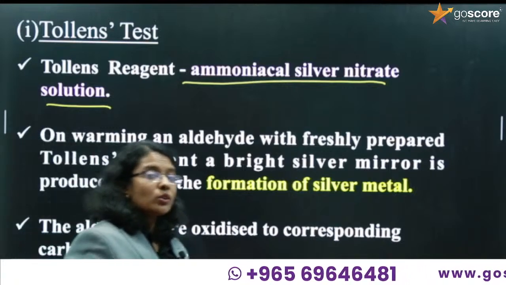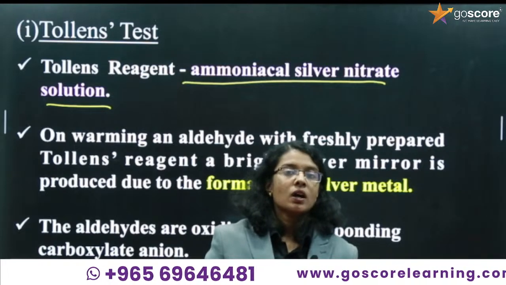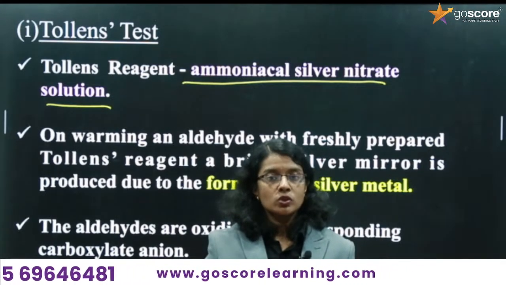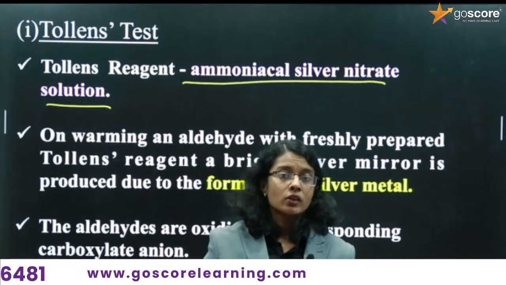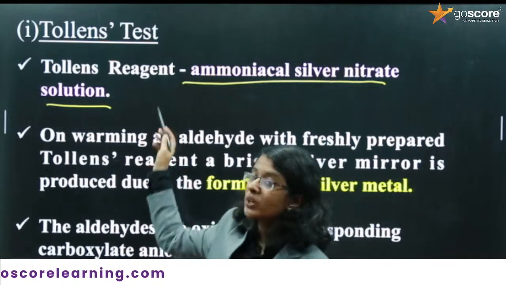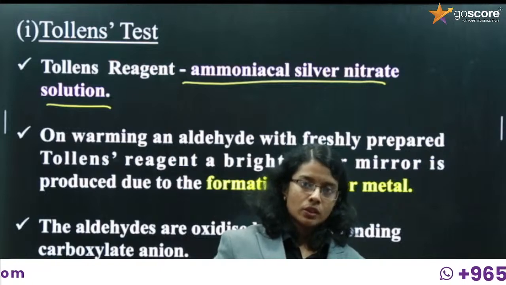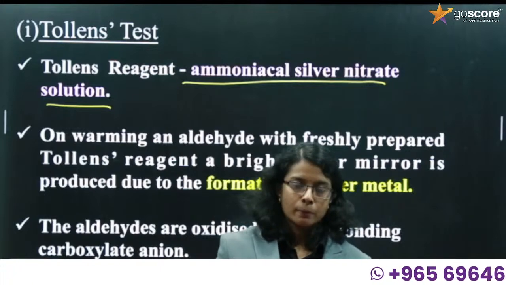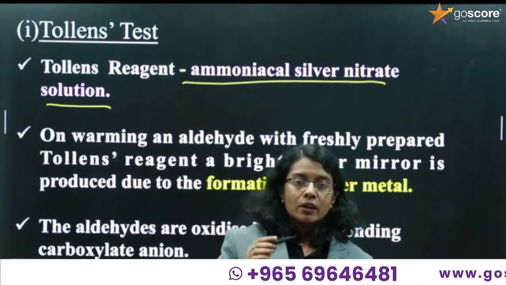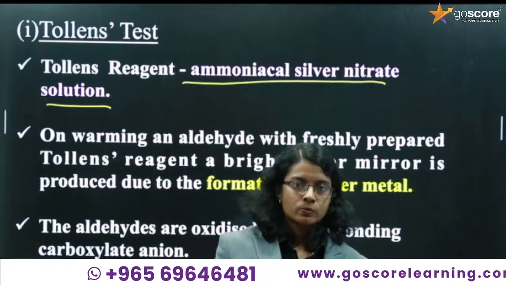Here, I have two test tubes, containing compound A and compound B. I don't know which test tube contains aldehyde or ketone. So I add ammoniacal silver nitrate solution to test tube A and test tube B. After some time, I see that a bright silver mirror is obtained in one test tube.